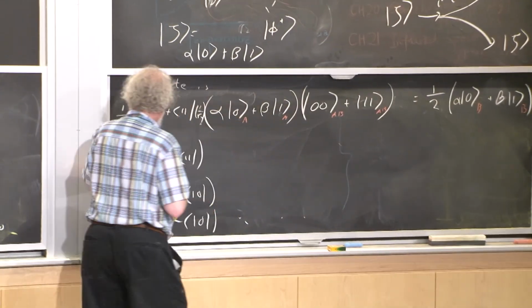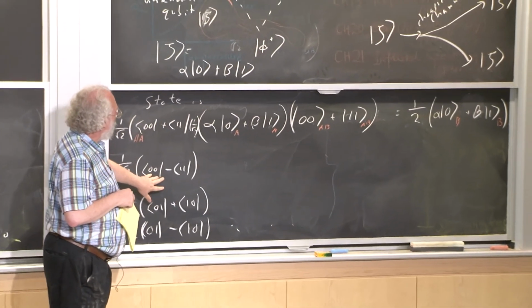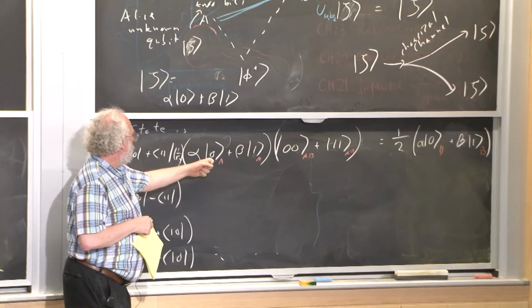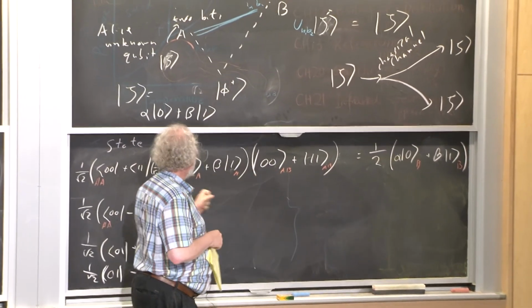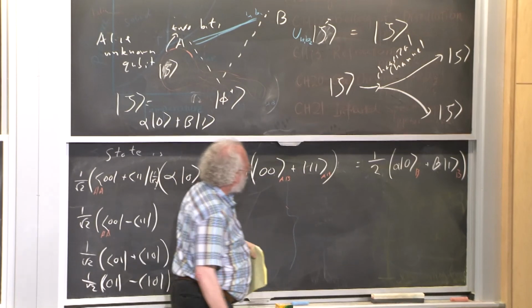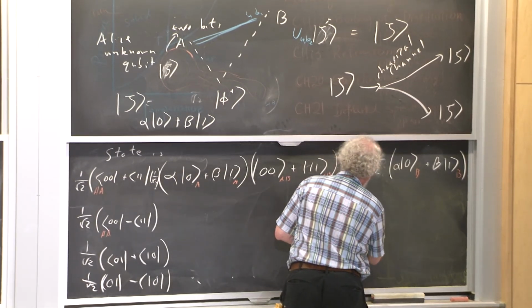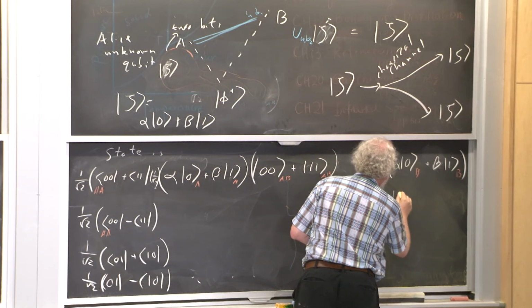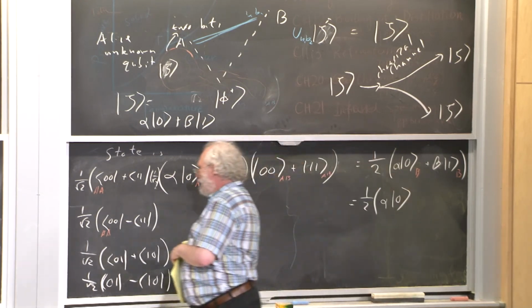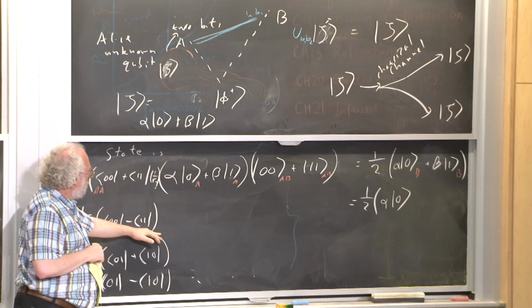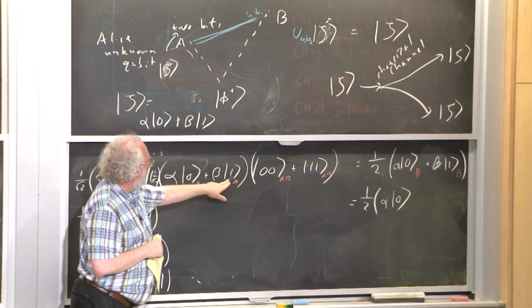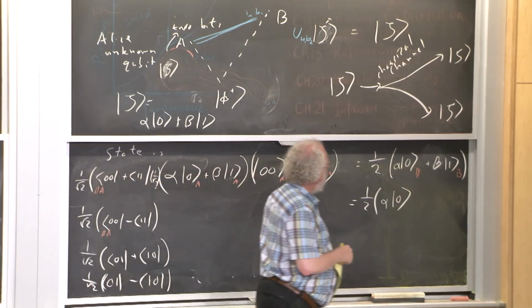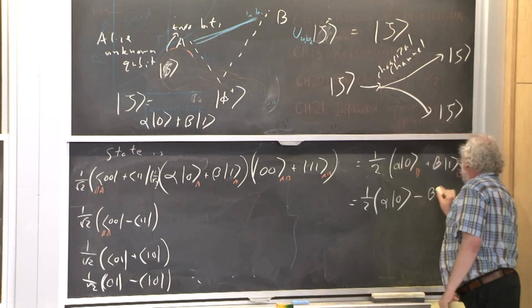Now here, what happens? This 0, 0, the only term it picks out is 0, 0, 0, which has an alpha on it. So this is equal to 1/2 alpha 0. And this minus 1, 1, the only term it picks out is 1, 1, 1. So it's minus beta 1.